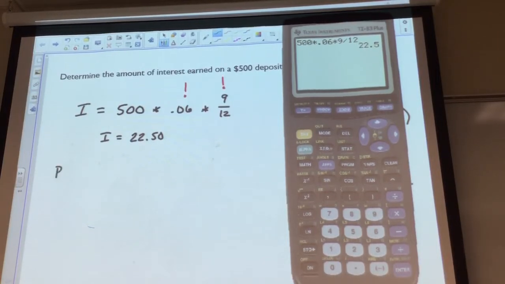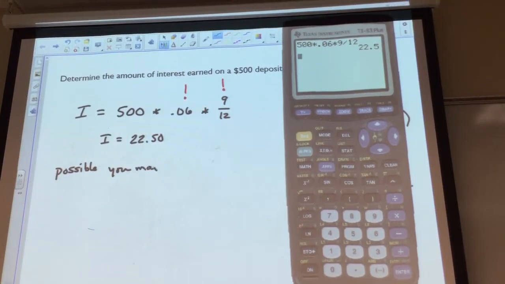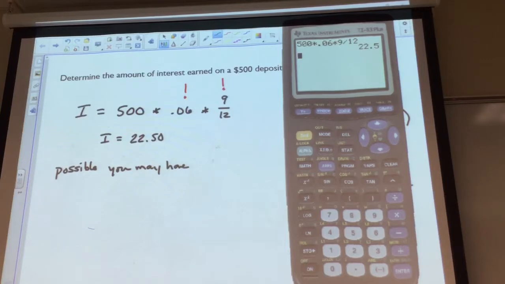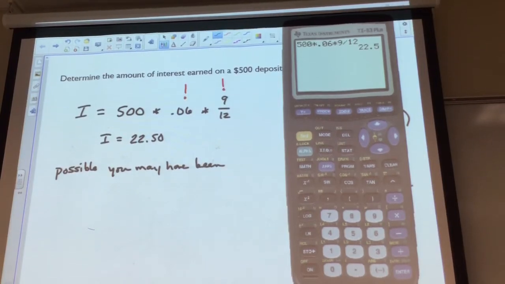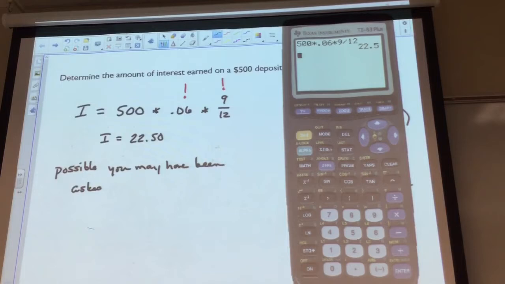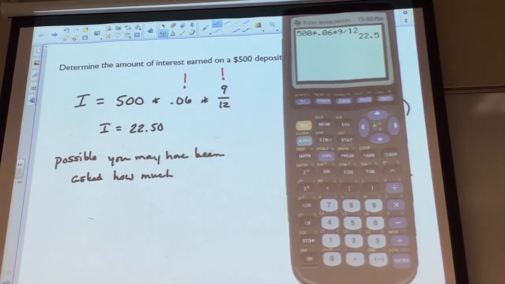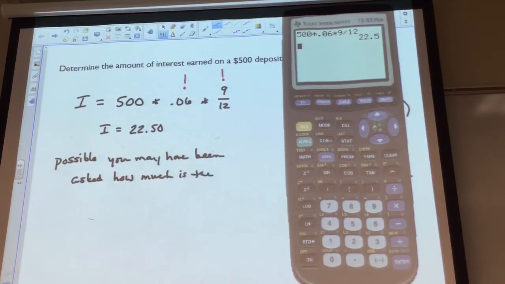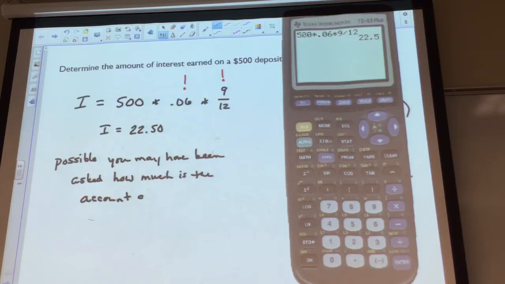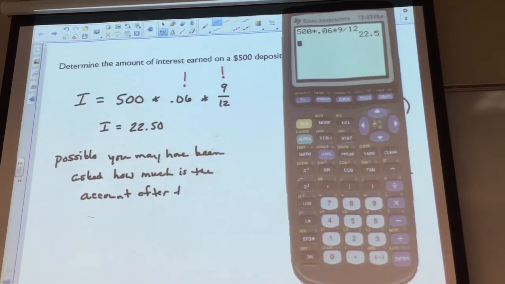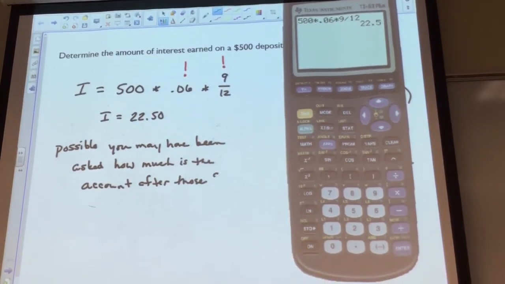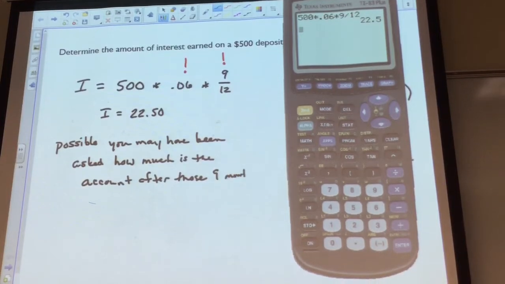It's quite possible that you may have been asked how much is in the account after those 9 months.